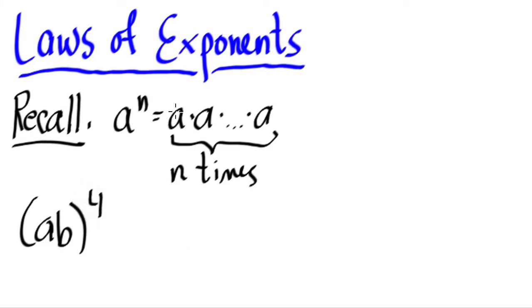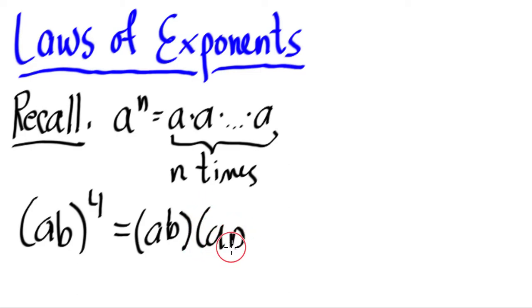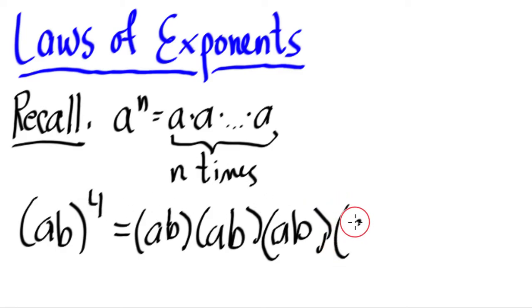By the definition of exponentiation, we can write this as AB times AB times AB times AB. So this is done 4 times since we did this n times. So our n here is 4.